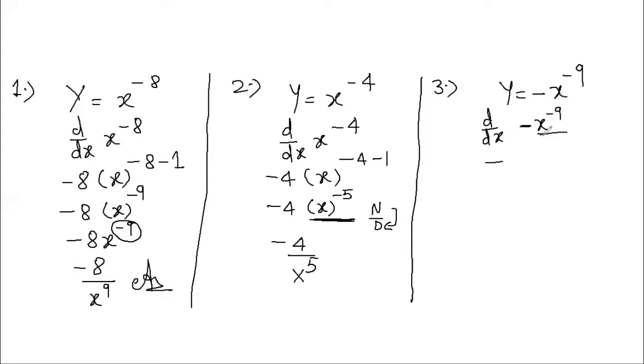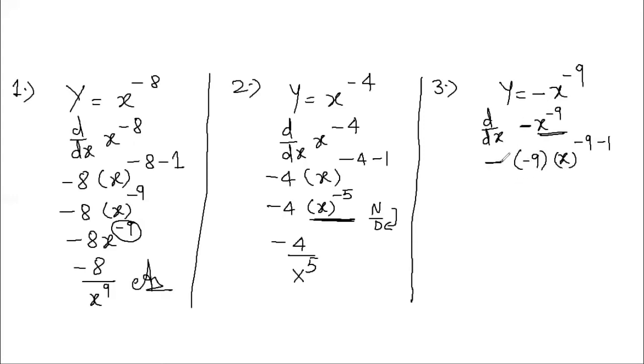Now, if I do the differentiation, the power should come first, then x, and whatever power you have will be taken away by 1. See, we are following the same step. The only difference is that we are using the minus here, because it was already given in the question.